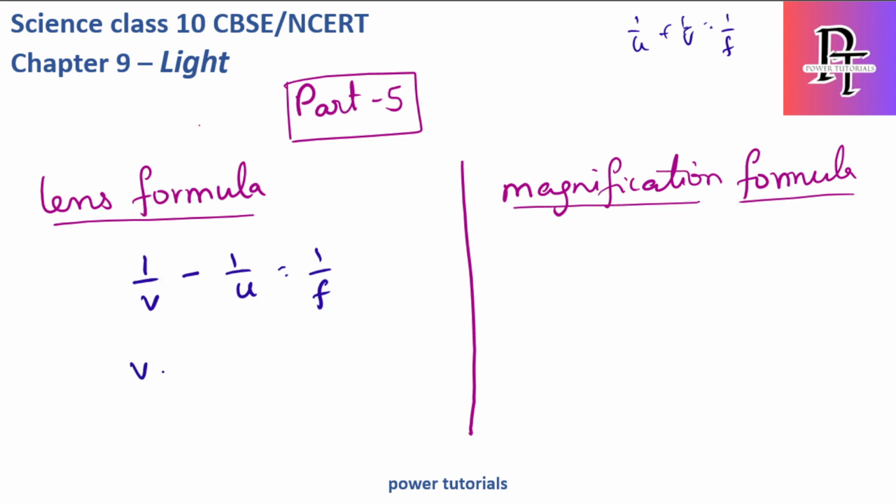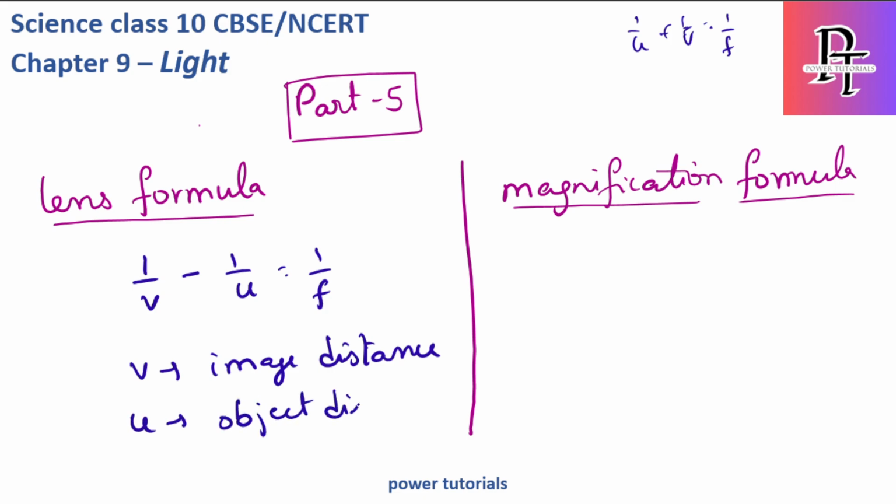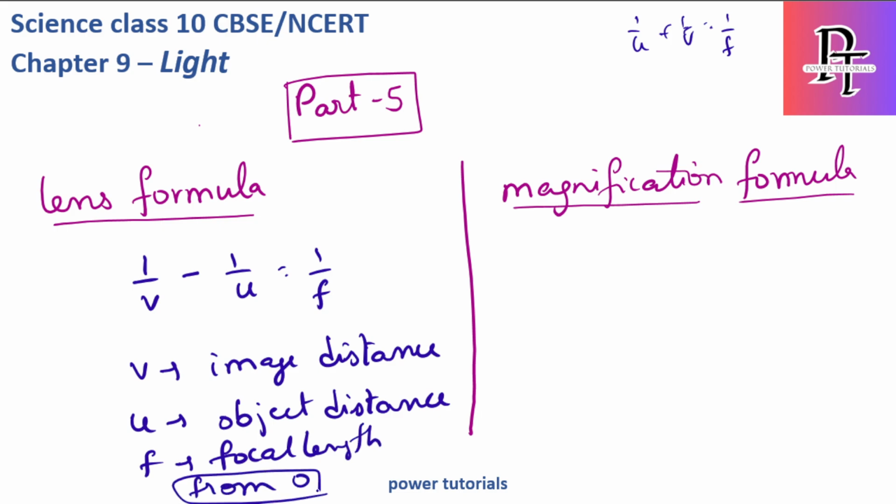It is the same convention. v is the image distance, u is the object distance, and f is the focal length, and all these are measured from O, the optical center.